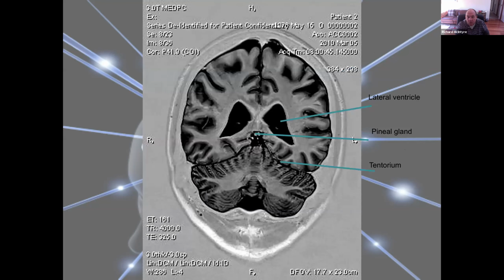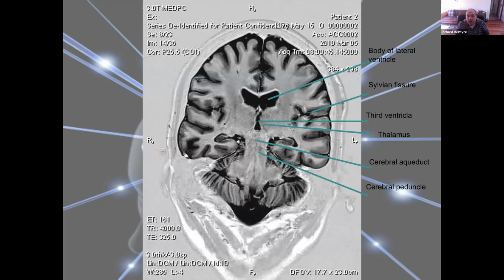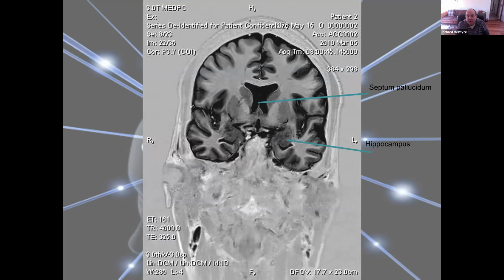So we come forward. We're going to see, there's the hippocampus and there's the amygdala. Okay, so the amygdala is just a little bit medial and very small, hidden in the hippocampus, which is in the temporal lobe. And again, of course, we see the septum pellucidum all the way through.